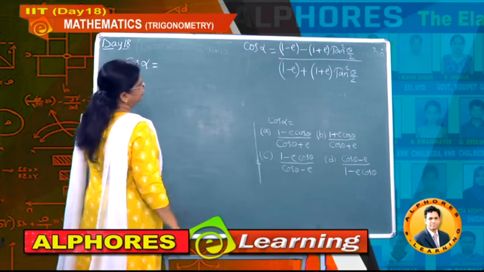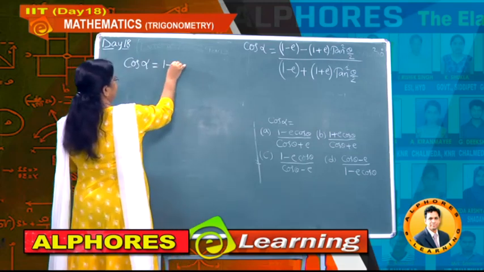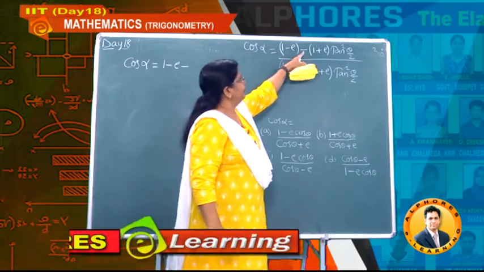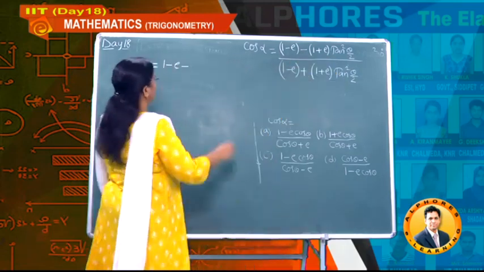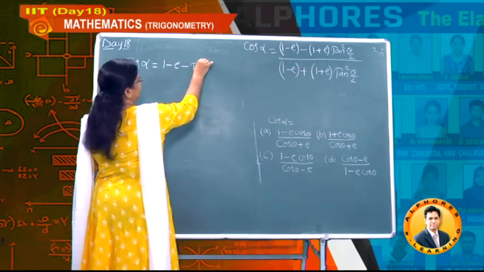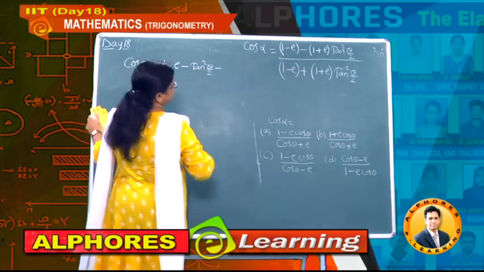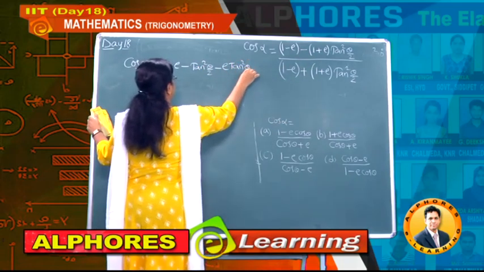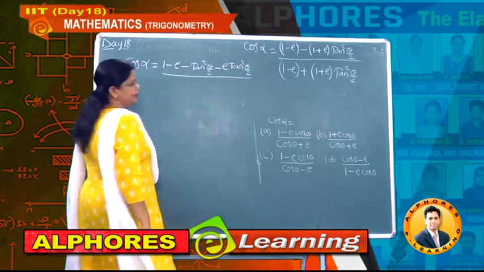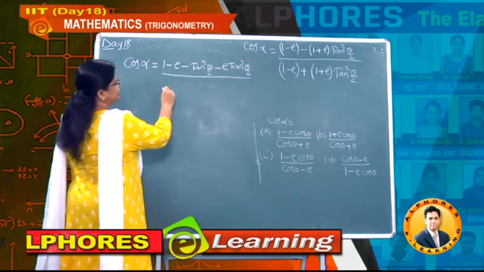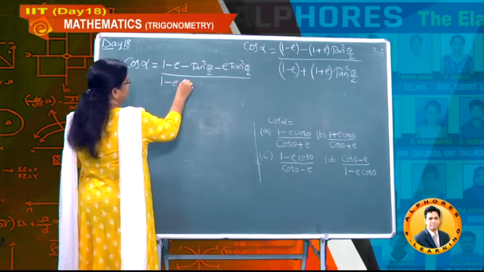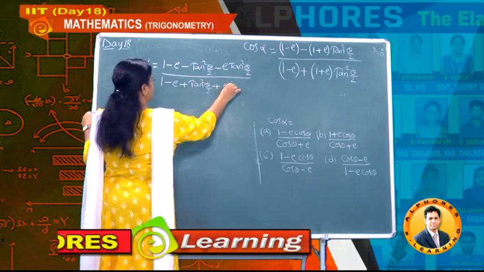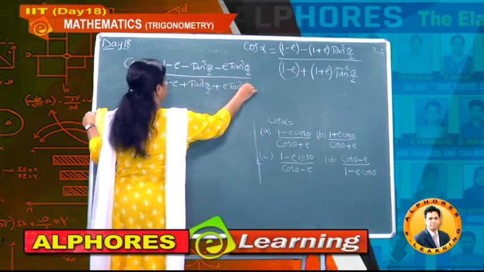Cos alpha equal to 1 minus e, after that it is minus tan square theta by 2, minus 1 into tan square theta by 2, and later the value is nothing but minus e times tan square theta by 2. Okay students, so you got like this, whole divided by, the same way the denominator also, it is 1 minus e plus tan square theta by 2, and next value plus e times tan square theta by 2.